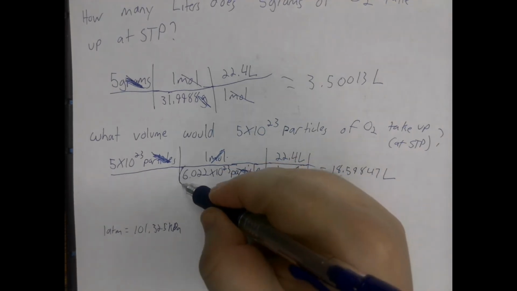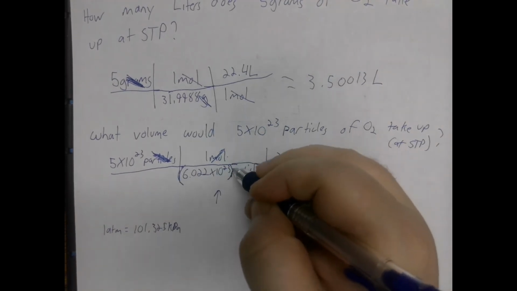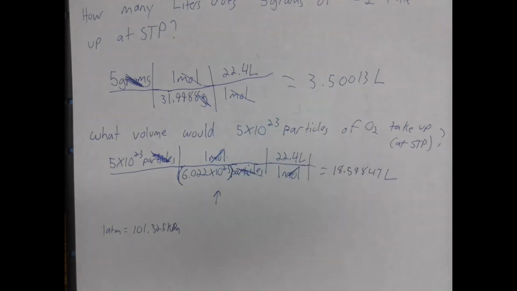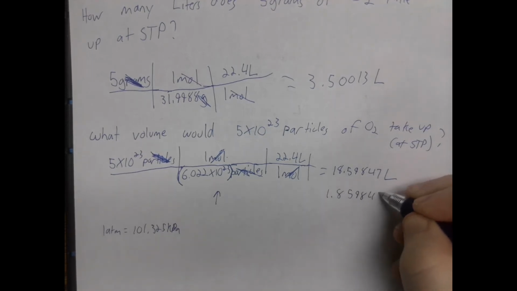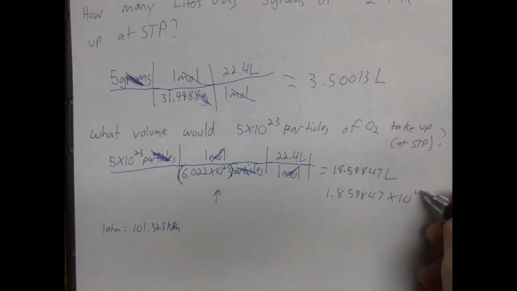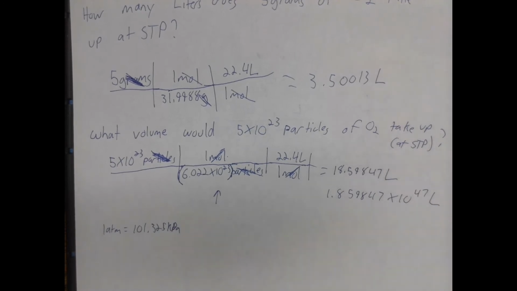You need to put parentheses around this number in the denominator. By the way, it's a good thing to be typing these numbers into the calculator, because I do not know how many times I see on a test someone type in this answer, 1.859847 times 10 to the 47 liters, and think, that's what the calculator said.